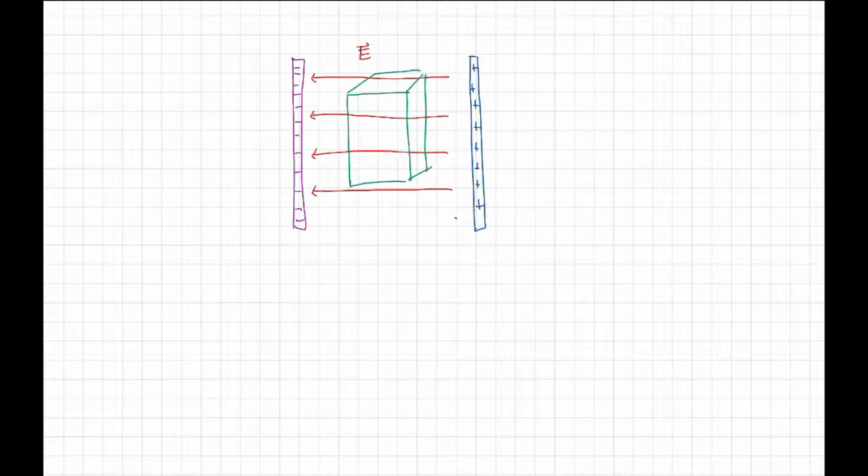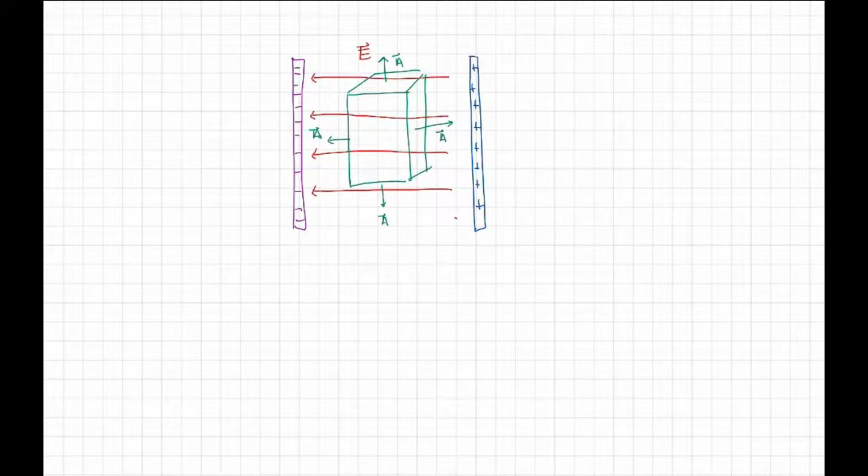Okay, I can define area vectors that are perpendicular to every side of this box. So that's what I'm doing here. There's one there. Okay, and now let's think about the flux of this electric field through the box.